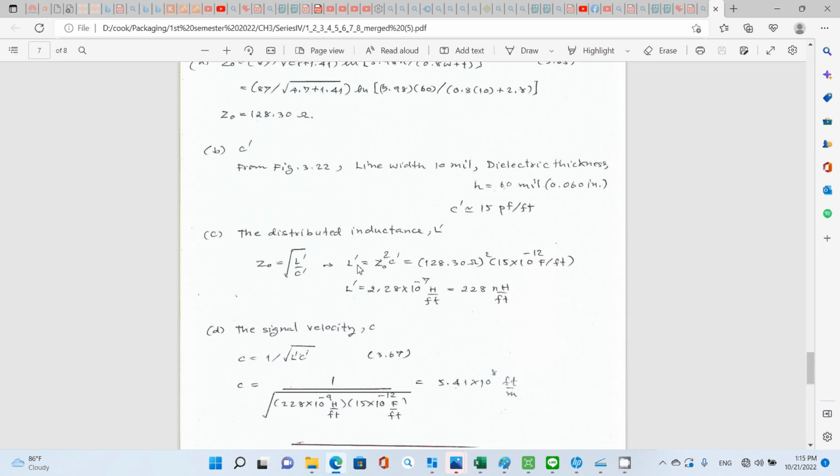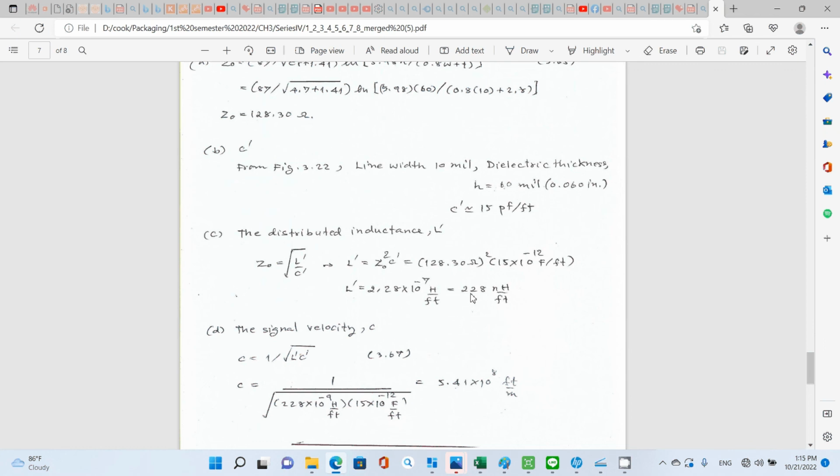So your L prime is simply Z0 squared times C prime. You already have Z0, that's the 128.3. And your C prime, you already have 15 picofarad, that's 10 to the negative 12 farad per feet. You end up with L prime equal to 228 nanohenry per feet.